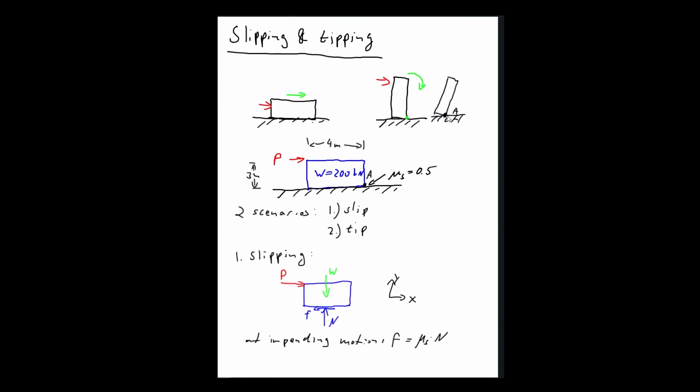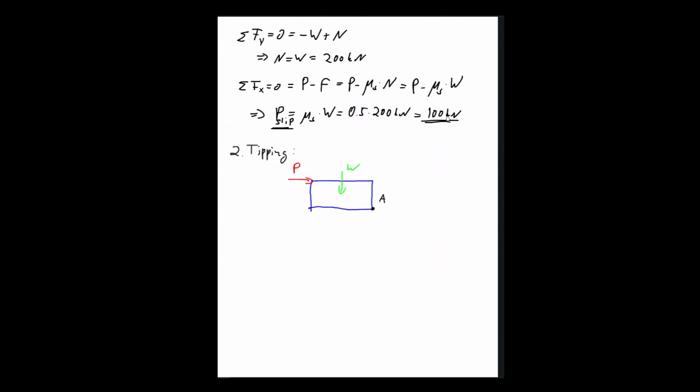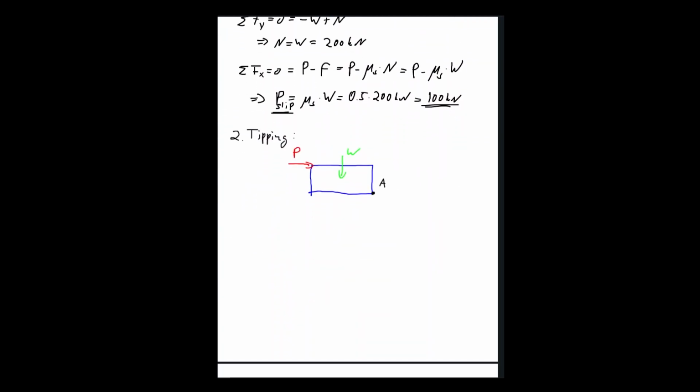Now, if the only place that it can be acting is here, you know the direction, right? The direction is perpendicular to the surface, so it's going to be straight up. So we know that in this case, what do we have in blue? We have our normal force is now all the way over here, and our friction force is there. Now, why is this important?